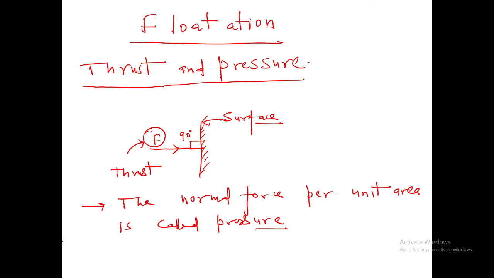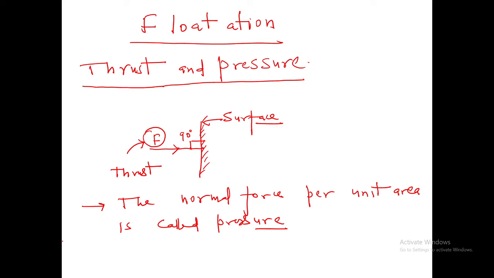Certain examples. When a person stands on dry sand, his feet go deep into the sand because his body weight is acting on an area equal to the area of his feet. If the person lies down on the sand, you will find that the body of the person doesn't go that deep into the sand.